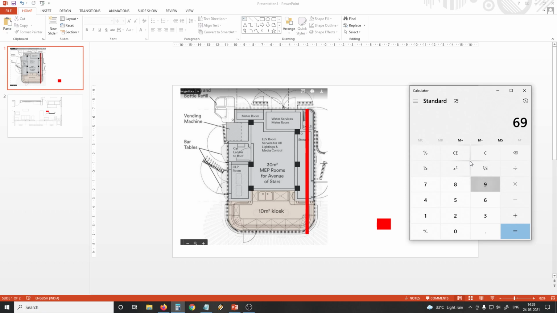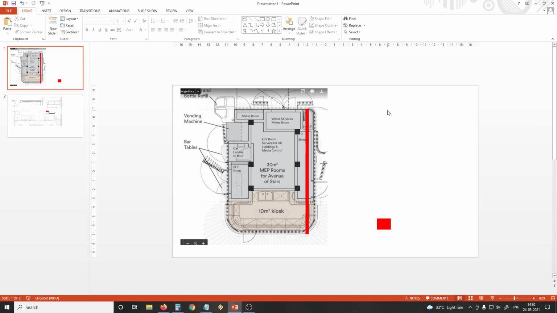So if it's something like 6,900, maybe the architect would have changed it to 7,000 when designing. So you could assume some things, and of course when you're doing this, always write that this is an assumption, it's an approximation. Do not say that this is that. You tell them that this is an approximation. We don't know the exact thing, but I have a range for this.